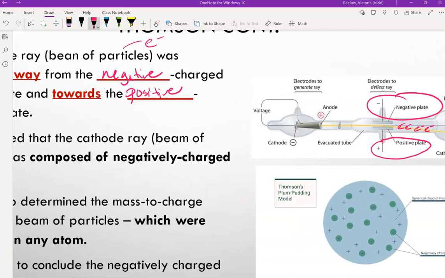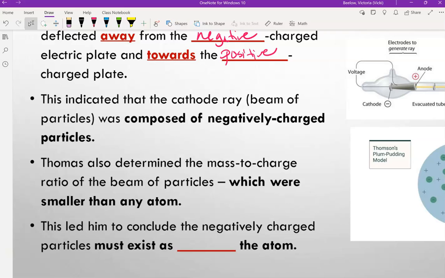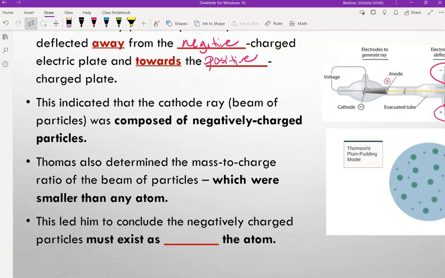And so he concluded that the cathode ray, the beam of particles, was composed of negatively charged particles, which are electrons. And he also determined that the mass to charge ratio of the beam of particles was smaller than any atom.